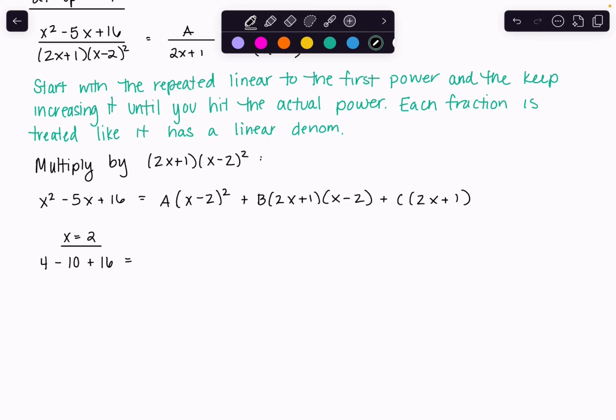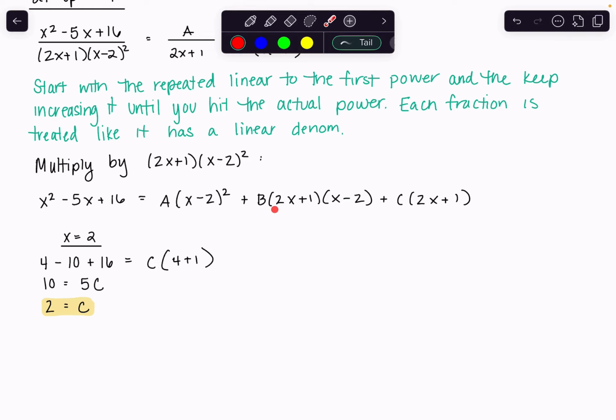And then on the right-hand side, I'm just going to be left with c times 2 times 2, which is 4, plus 1. So 4 plus 16 is 20, minus 10 is 10, and that's equal to 5c. So immediately we have our value of c is 2. Okay, so that gives me one of my constants.